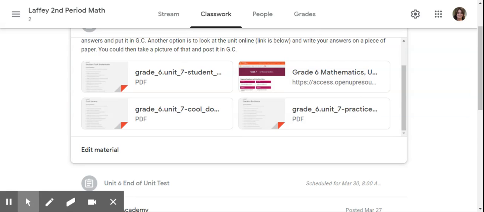So if you're doing that on here, I'm not really sure how to use that. Okay, so it's saying it's up here.